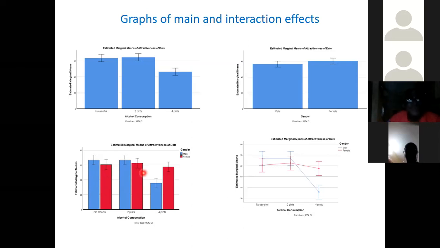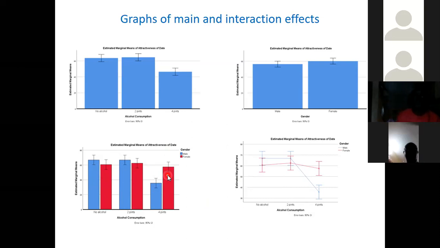Then under alcohol consumed, 2 pints, the female still score lower. But when they now consume 4 pints, the female score higher. That shows that the choosing mate score is higher with female when they are taking much alcohol.